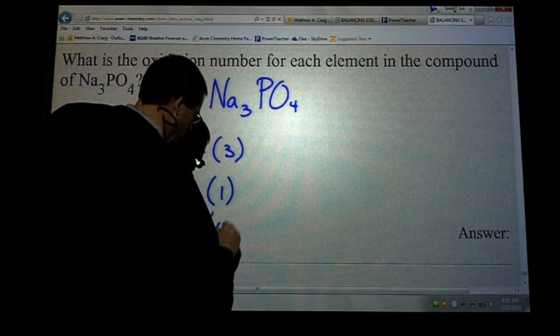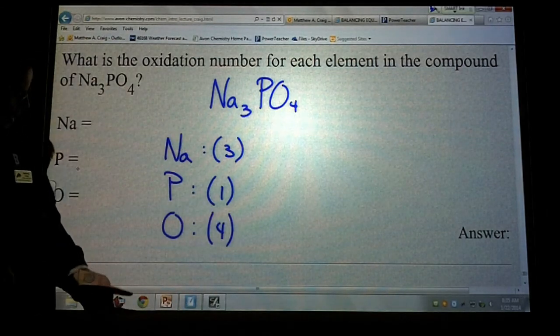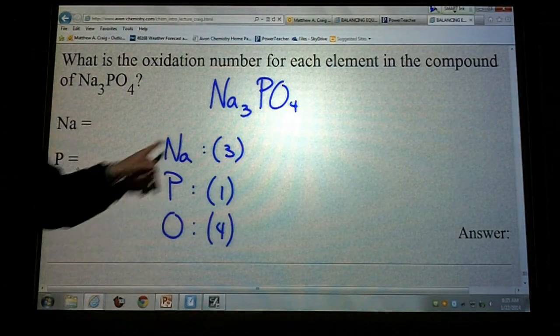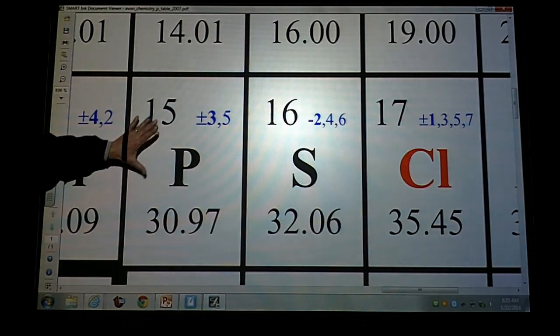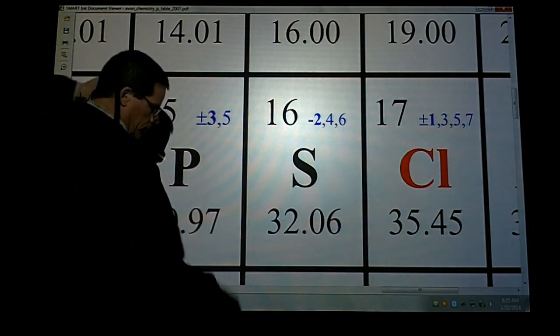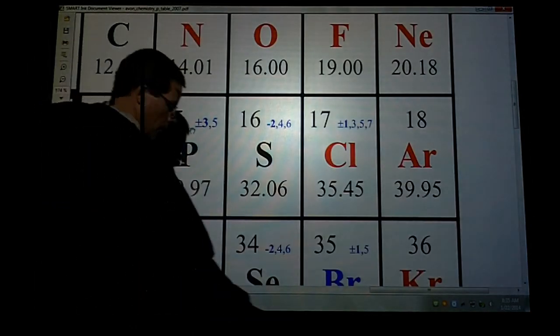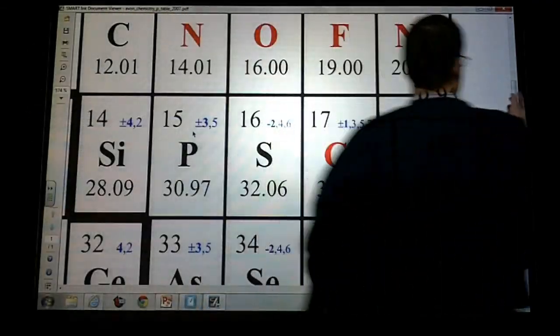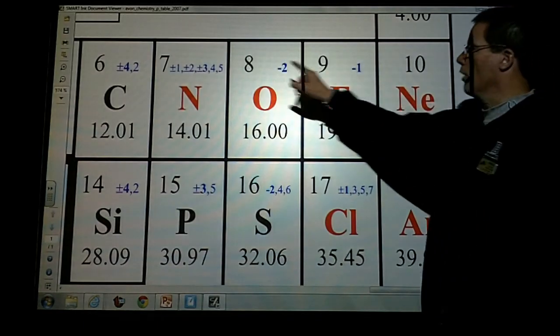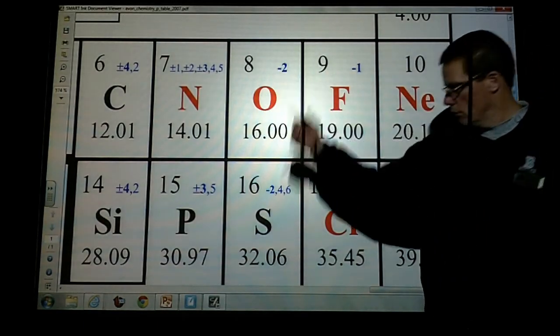Yeah. Now what's nice about some of these elements is that they're always the same charge. Okay. So when we look at, say, oxygen, what's the charge on oxygen every single time? -2.